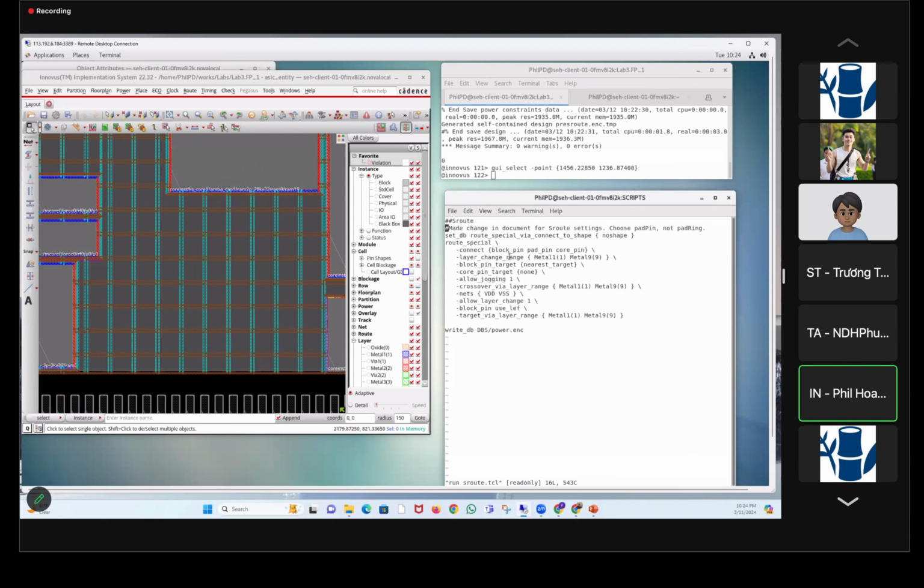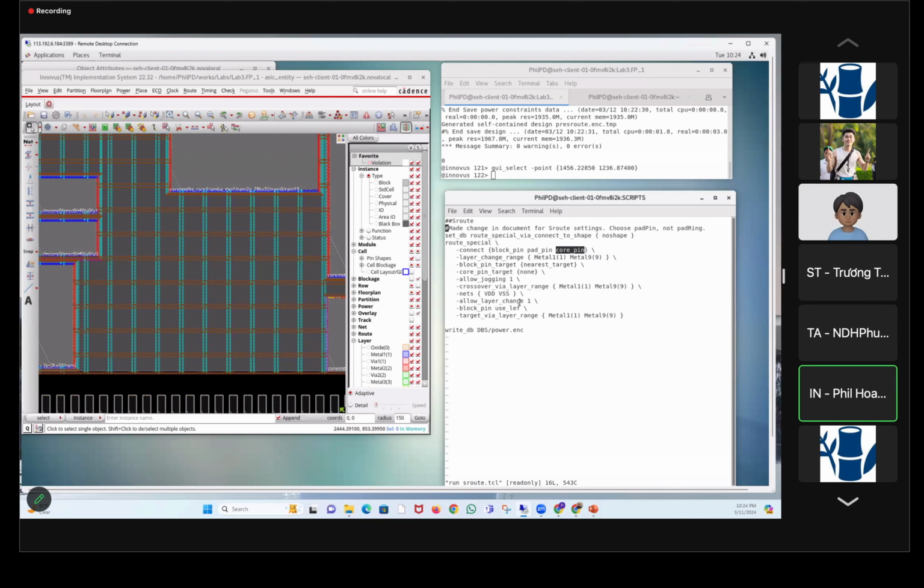The block pin, core pin, and pad connect together and have metal 1 to metal 9. So the nets, block pin use, and all these different controls that I didn't go through, but basically what this does is going to route.